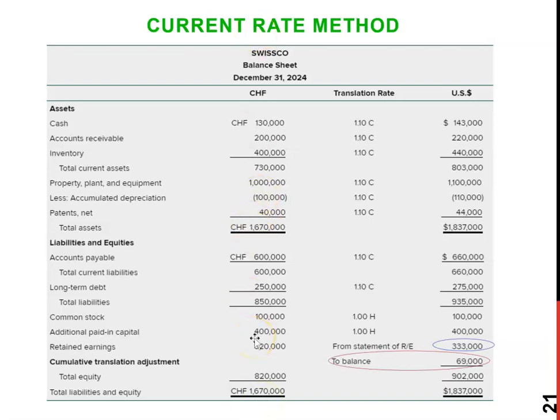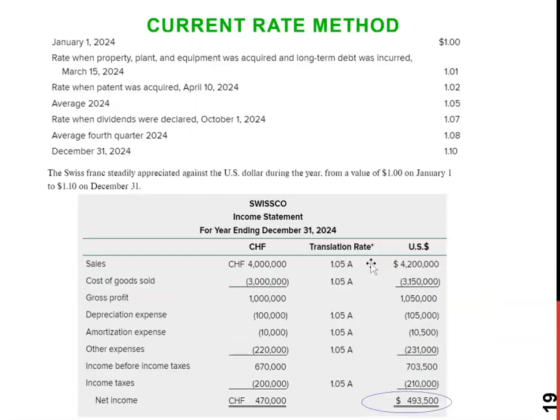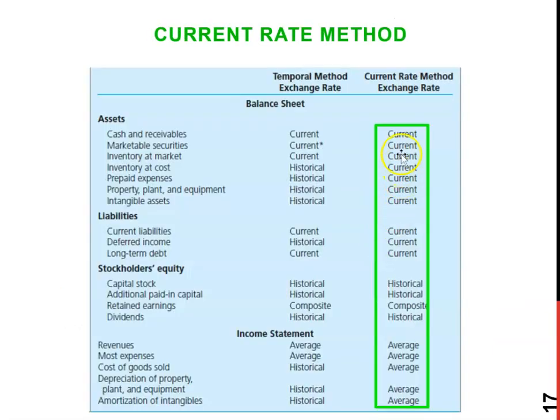Now what will happen if we start converting? Following the current rate method, I'm converting all the asset items and liabilities items using the current rate. You don't need to memorize this. I'm taking you through it here, and it will be given during the practice problems and your exam.